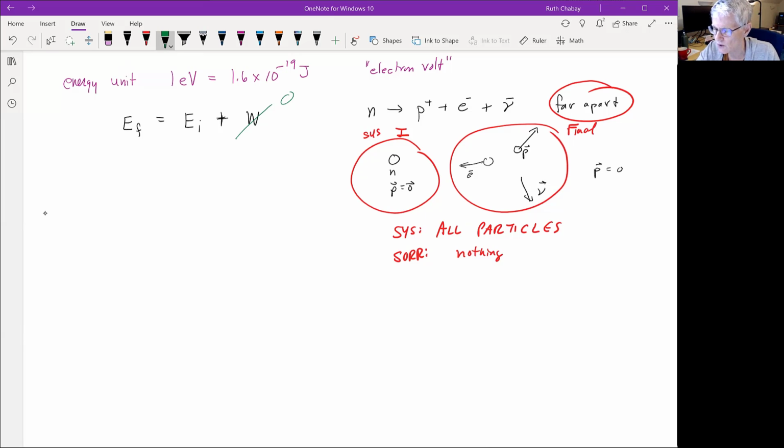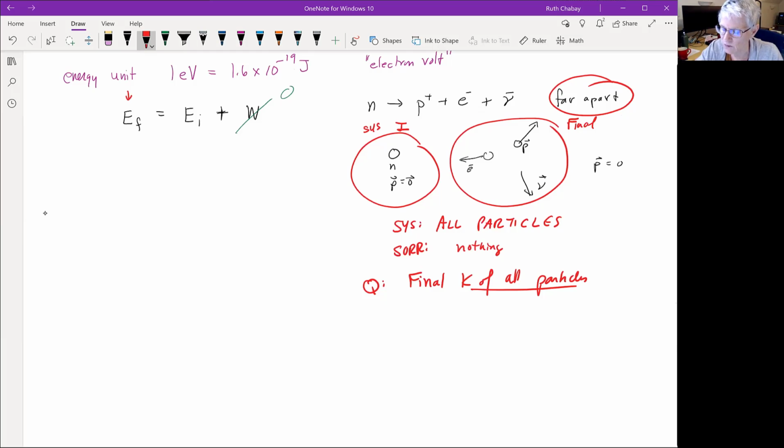The question is the final kinetic energy of all particles. So our unknown, since it's the final kinetic energy, is going to be somewhere in here. But we just need to expand out this energy principle.